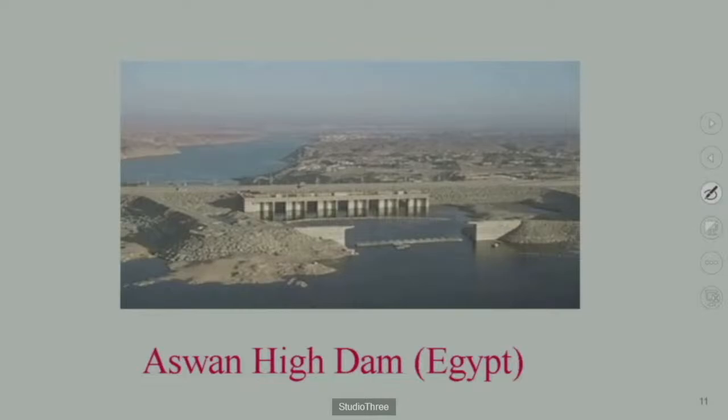The dam was very necessary for human activities because it was going to control the water and fulfill the needs of today's humans, but at the same time we have to preserve our ancient heritage, which included the great temples of Abu Simbel and many ancient Egyptian artifacts, which were very, very important for human beings.